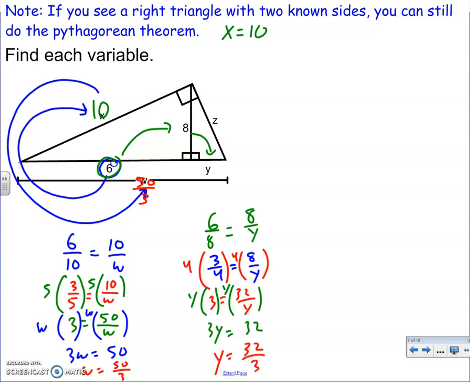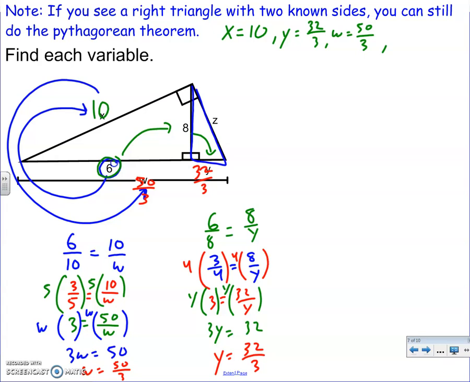Alright, so we found x, we found y, we found w, we need z. Now again, once you know any of the variables, you can plug it in and just use those numbers. So this is 32 over 3. Alright, notice I have the choice of doing the Pythagorean theorem right here if I want.